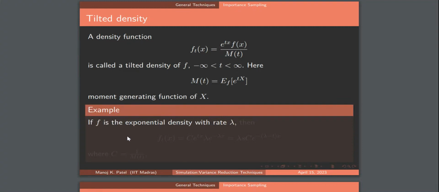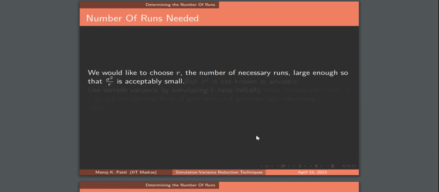If f is the exponential density with rate lambda, then what will be f_t(x)? It will be e to the power tx times lambda e to the power minus lambda x, upon M(t). This is the tilted density function for the exponential density with rate lambda.